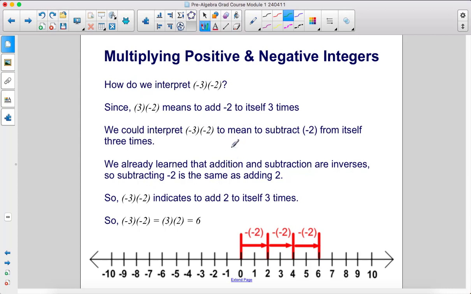We already learned that addition and subtraction are inverses, so subtracting negative 2 is the same as adding 2. Therefore, negative 3 times negative 2 indicates to add 2 to itself 3 times. So negative 3 times negative 2 equals 3 times 2, 6.